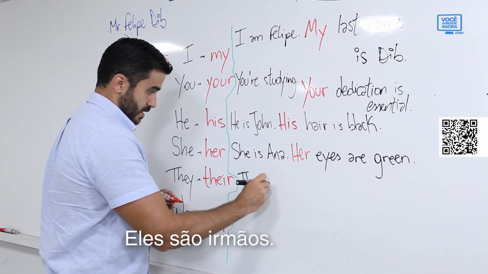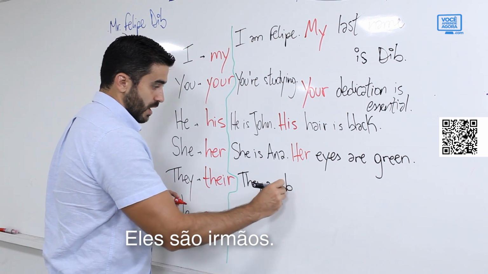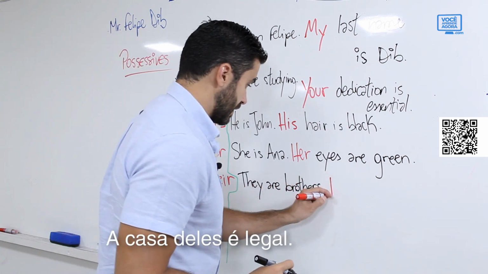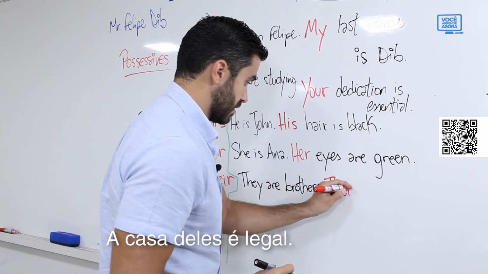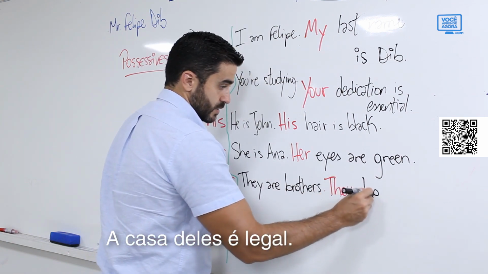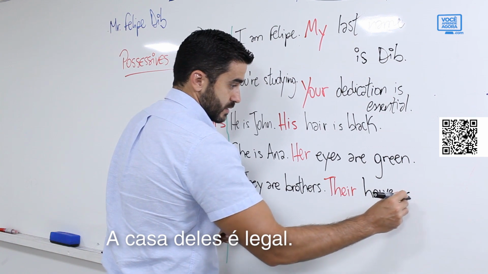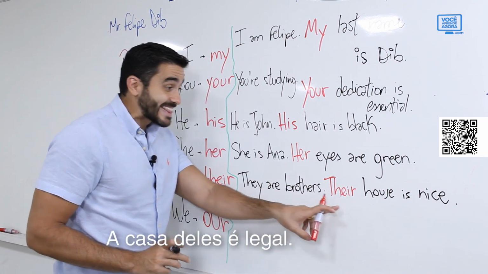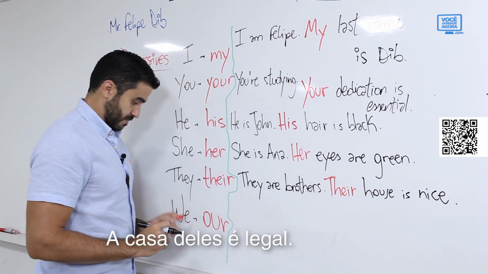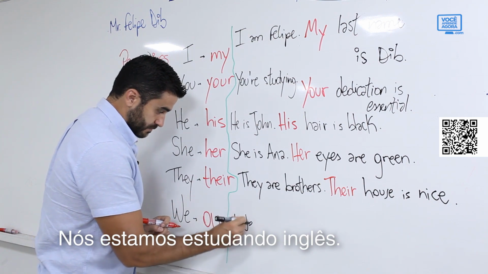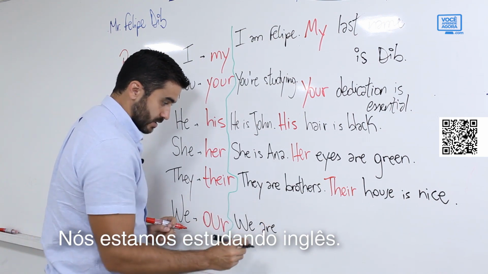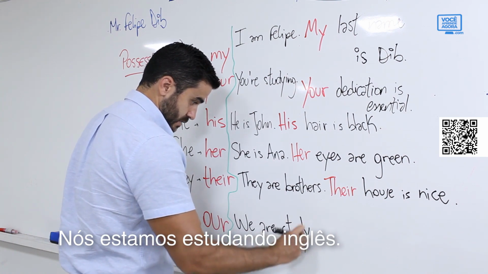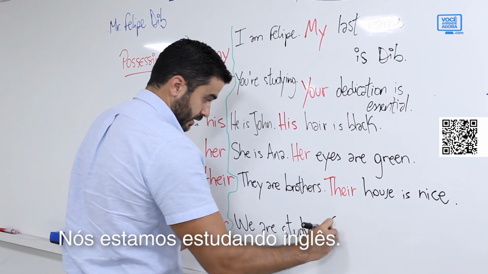They are brothers. Their house is nice. They are brothers. Their house is nice. We are studying English.